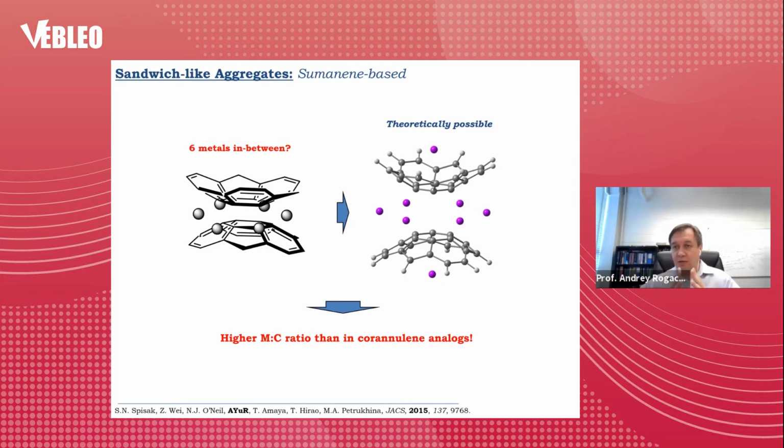We provided a comprehensive theoretical investigation for such species, and we found that theoretically it's possible. And what's even more important, it will show an even higher metal-to-carbon ratio than in corannulene alloys, which makes them even more promising building blocks for new lithium batteries.